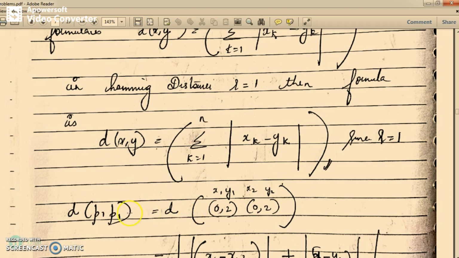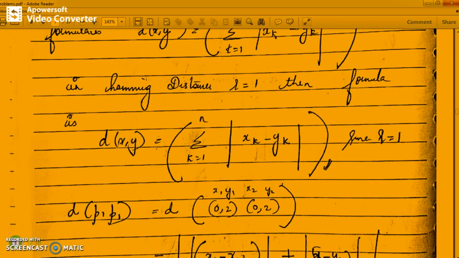Now we'll first see how to calculate the distance from a point to itself, that is P1 to itself. As we know, point P1 has coordinates 0, 2, and again the same point P1 has coordinates 0, 2. So we can calculate the distance using the Hamming distance formula.